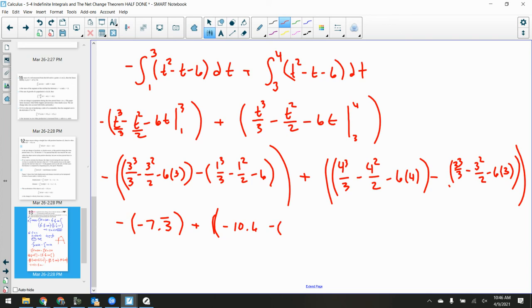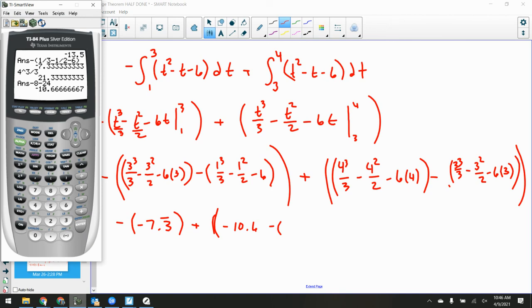Why didn't you subtract the 7.3 from the 13.5? You subtracted the other value to get 7.3. Yeah, I did that, negative 13.5 minus the other. Does that make sense? Got it. And then we're at negative 10.6.